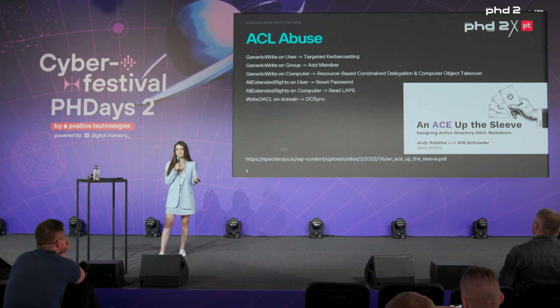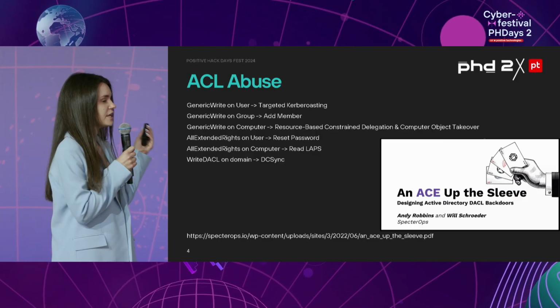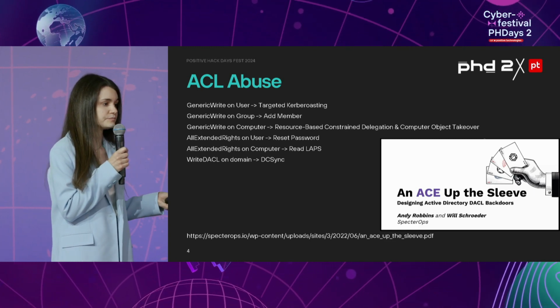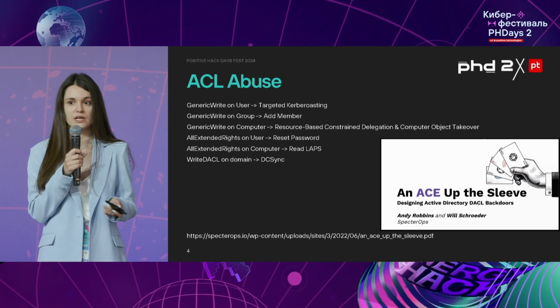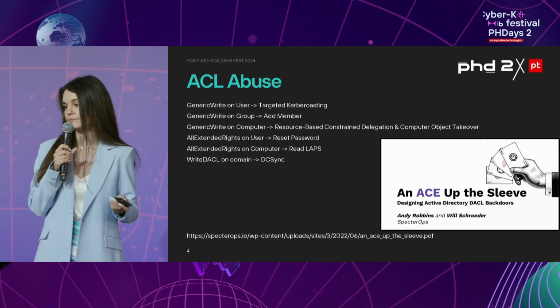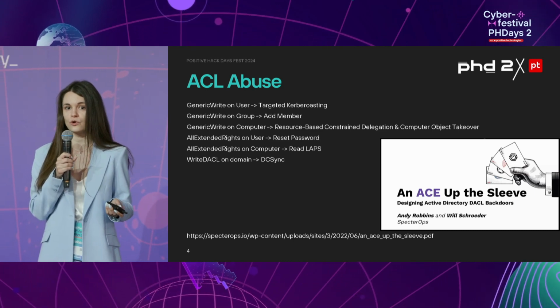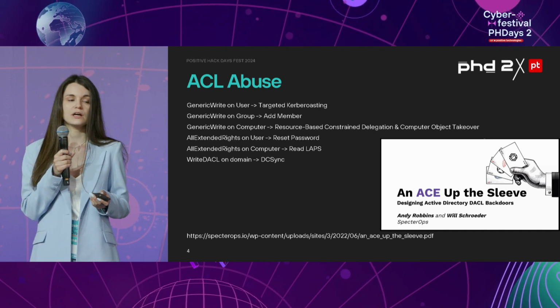Why is it important to analyze this from the perspective of attackers and of defenders? Well, there are several configurations that attackers can use to perform certain actions. On the slide, you can see the list of such configurations and the impacts that they can deliver. If we have a generic right over a group, then we'll be able to add our user to this group.